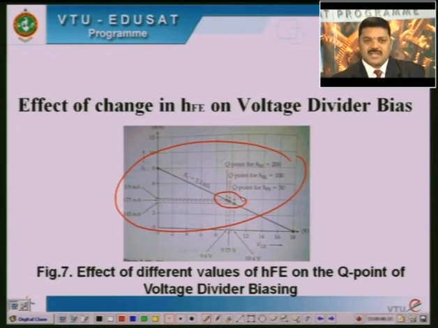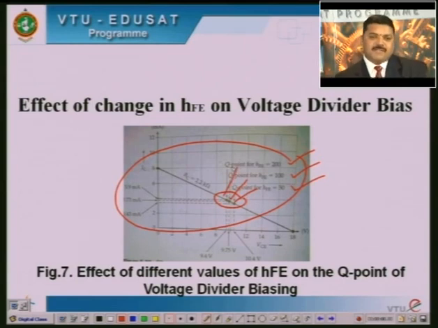We fixed three operating points. One operating point is for HFE equal to 200, which is HFE max, another is for HFE equal to 100, some medium value, and another for HFE equal to 50. So, this is for HFE equal to 50, this for HFE equal to 100, and this operating point for HFE equal to 200.